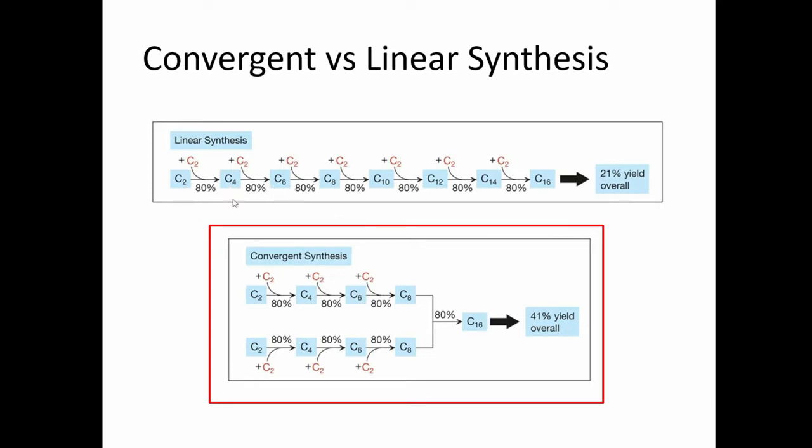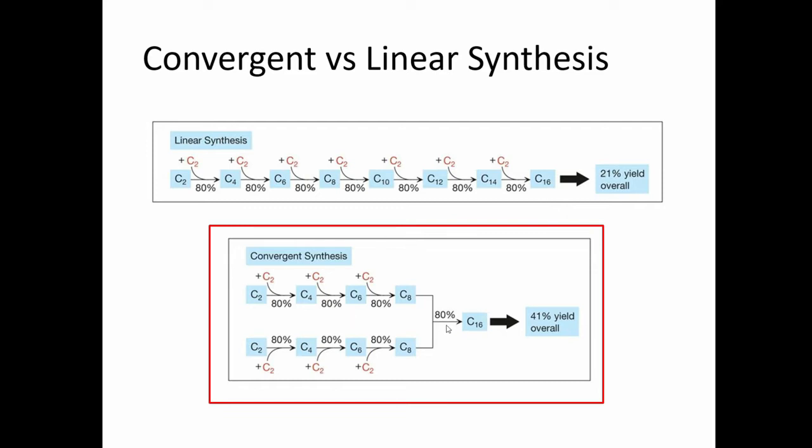So if we were to perform a linear synthesis, where after each reaction we only obtain 80% of the product, after 8 consecutive reactions we would only obtain about 21% yield total. That's not a great yield after performing 8 reactions of work.